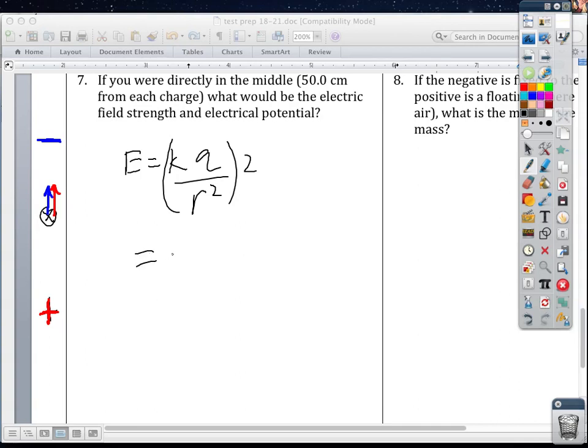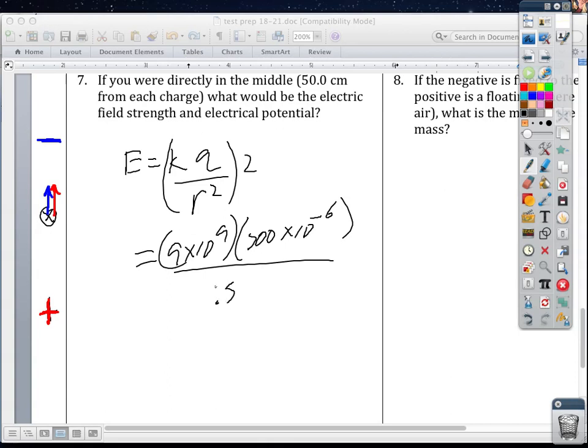That gives me 9 times 10 to the 9th times 500 times 10 to the minus 6 over 0.5 squared, and then I multiply that by 2. So 0.5 squared becomes 0.25, and 500 times 2 becomes 1,000, which becomes 10 to the minus 3, which knocks that to 6. And so I get 36.